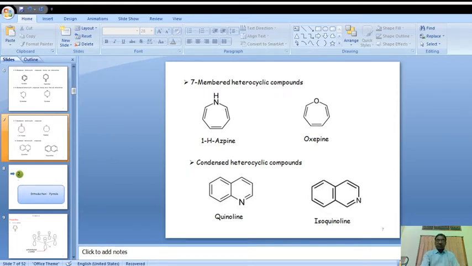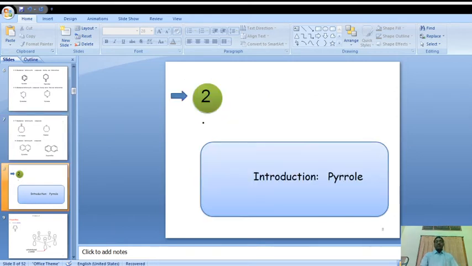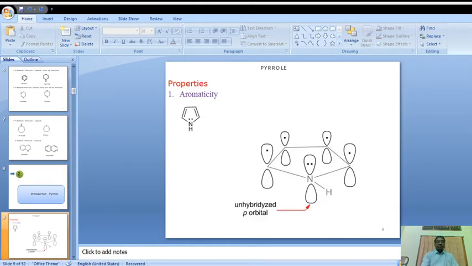Now we will go to one example of a heterocyclic compound, that is pyrrole. Introduction to pyrrole. This is the pyrrole structure. We already discussed it in the nomenclature.